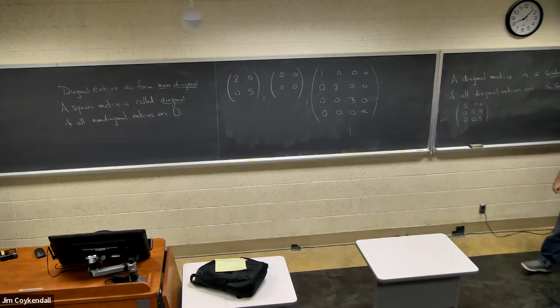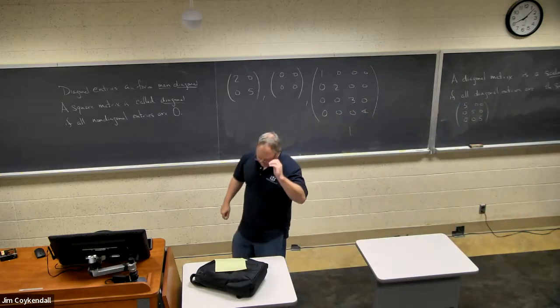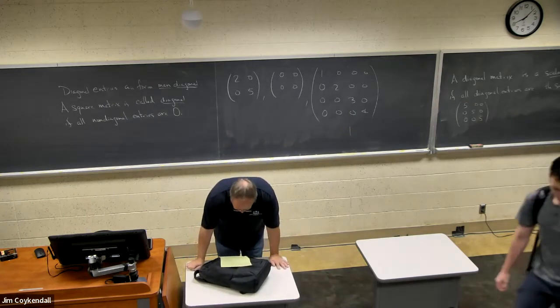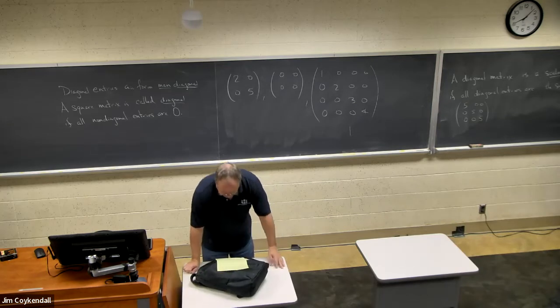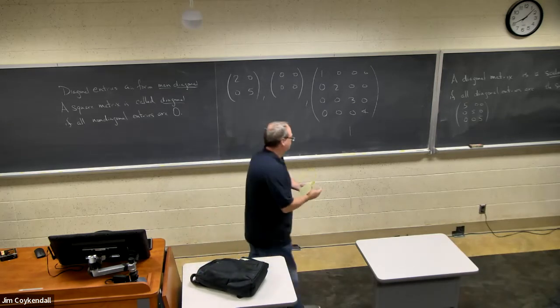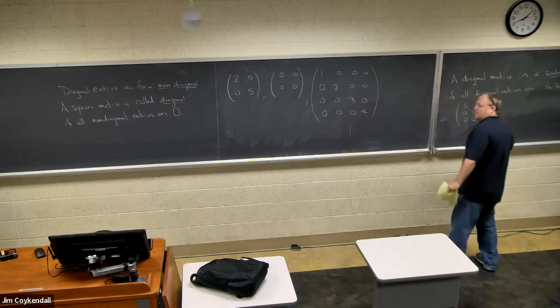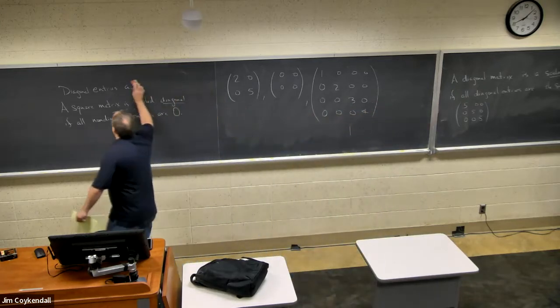Right. So it's diagonal, but everything on the diagonal is the same. So, for example, the identity is an example of a scalar matrix. Okay. Questions so far? Okay, more on anatomy.